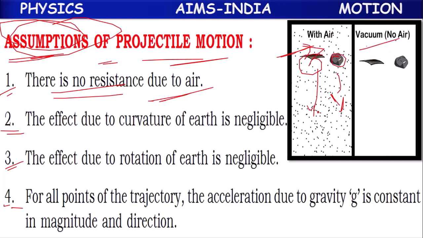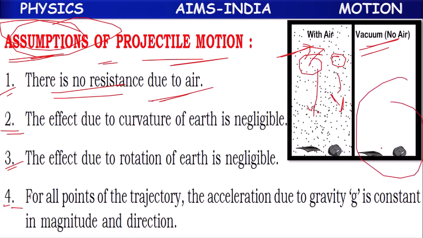But in a vacuum, in the absence of air resistance, both will fall to the ground at the same time. So in projectile motion also, we have to assume there is no air resistance.